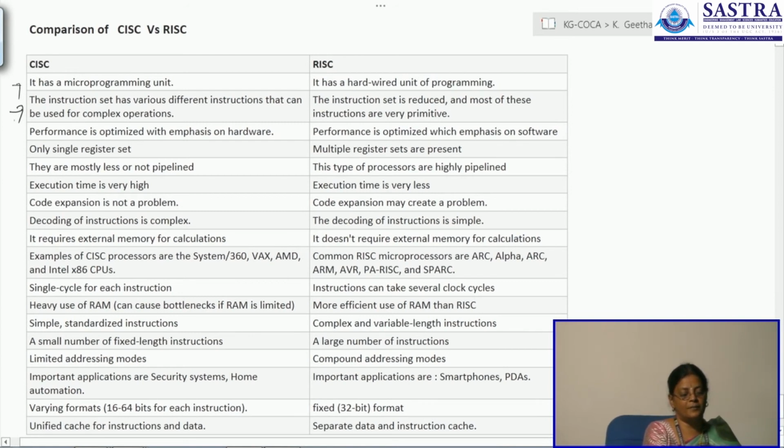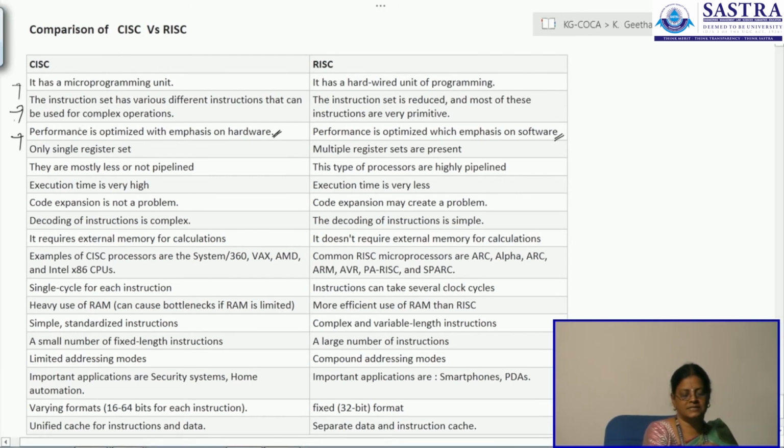Next, in CISC the performance is optimized with emphasis on the hardware, whereas in RISC more emphasis is given on the software. When importance is given to the hardware for the control unit design, it is going to be faster, but it will not be flexible.